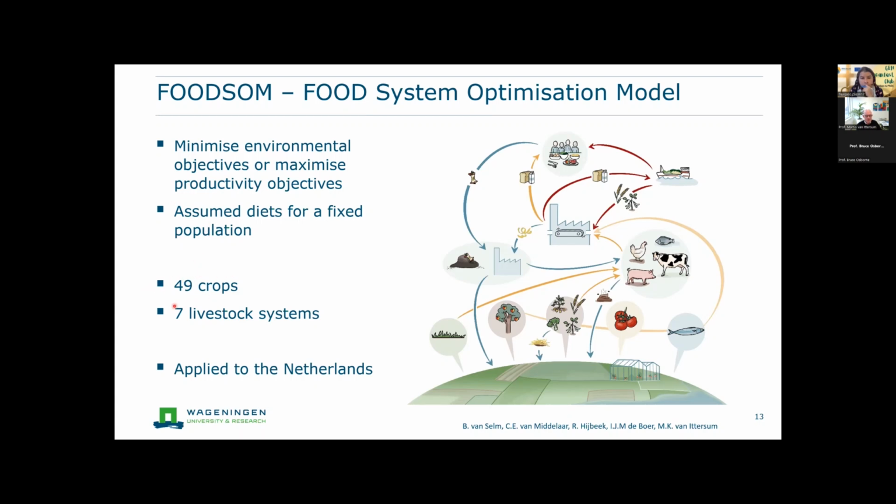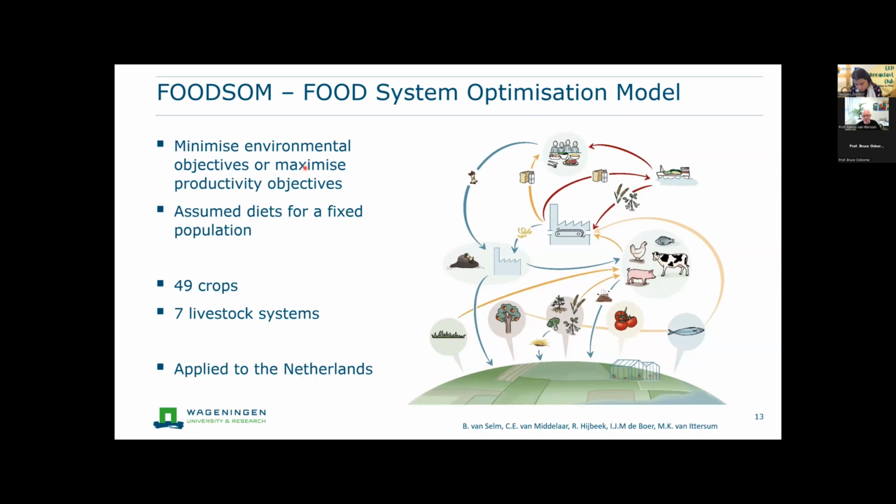He distinguished in his model some 50 crops and a handful of livestock systems, and applied that to the Netherlands just as an illustration. So the Netherlands, with a population of close to 18 million people, assuming different diets for these 18 million people, and then trying to minimize the environmental impact, or to produce as much food as possible.